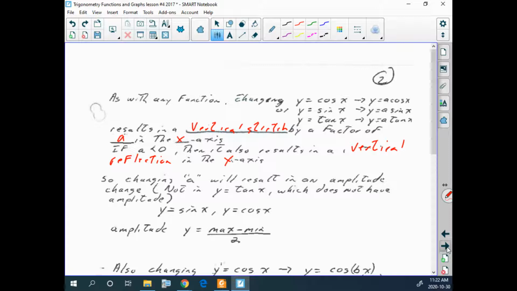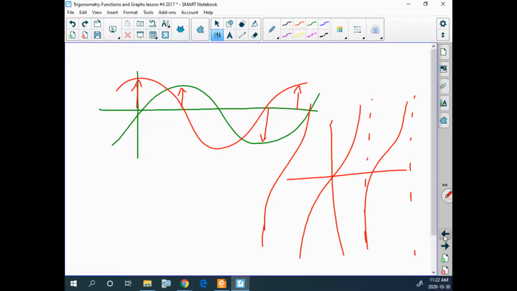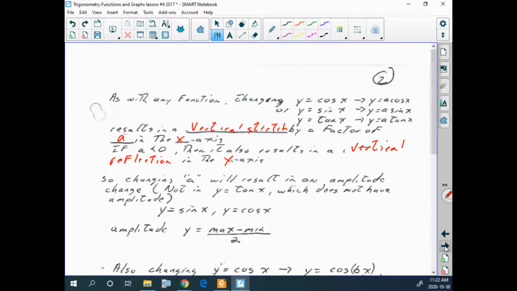Now, because of the properties of sine and cosine, when I have a vertical reflection, I rarely indicate it. If I give you a graph that's being vertically reflected, I'm going to work with moving it left or right instead of vertically reflecting it. And on a diploma exam, I've never seen something that requires you to understand a vertical reflection. It's easier to see moving left or right.